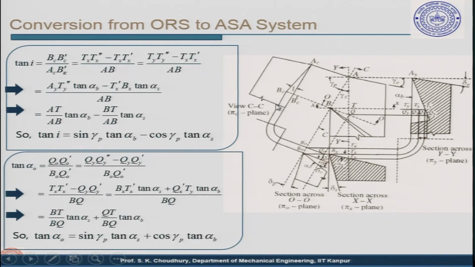And then we are projecting points and edges from one view to the other views, and we are geometrically relating them. So, we are finding the equation which will relate the angles of the two systems.